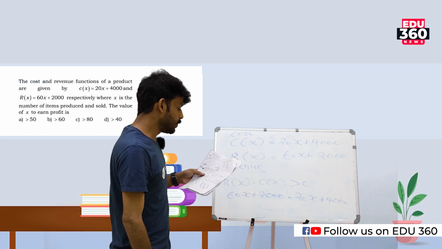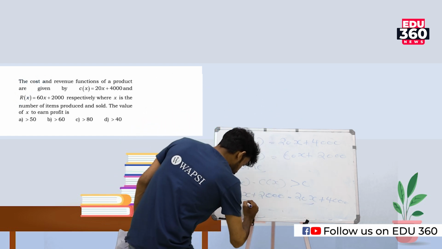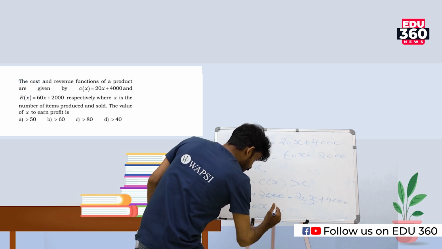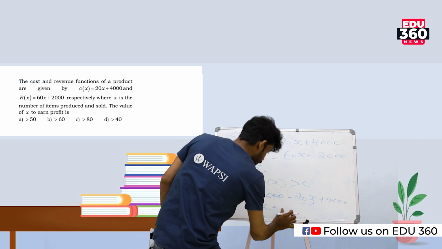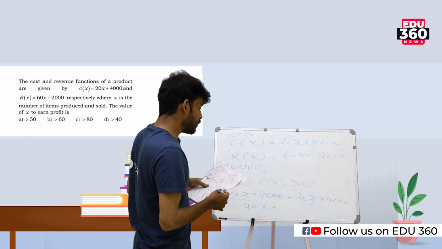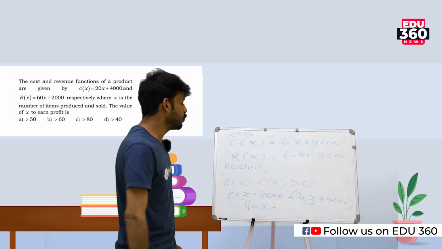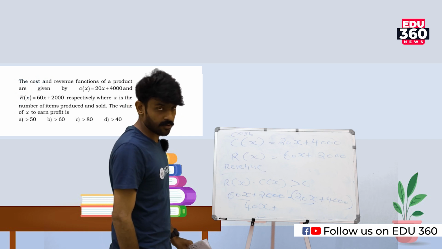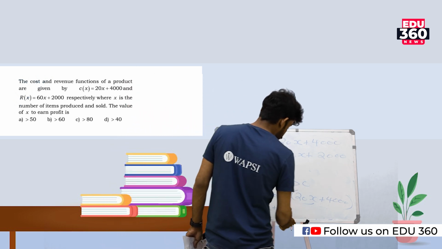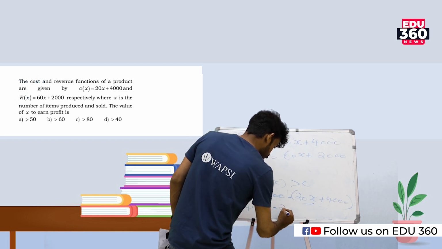So that is equal to 60x minus 20x, that is 40x, plus 2000 minus 4000. Here it is minus, so 2000 minus 4000. So that is equal to minus 2000.